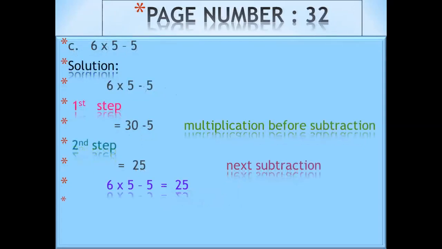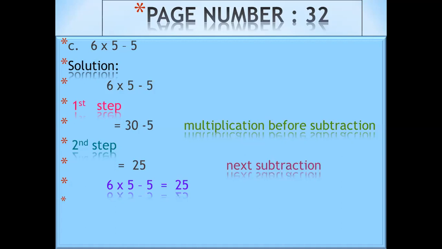In part C, multiplication and subtraction. Again, 2 operations are given. Recall the DMAS rule. D, M, A, S. Before S there is M, and M stands for multiplication and S stands for subtraction. 6 multiplied by 5.